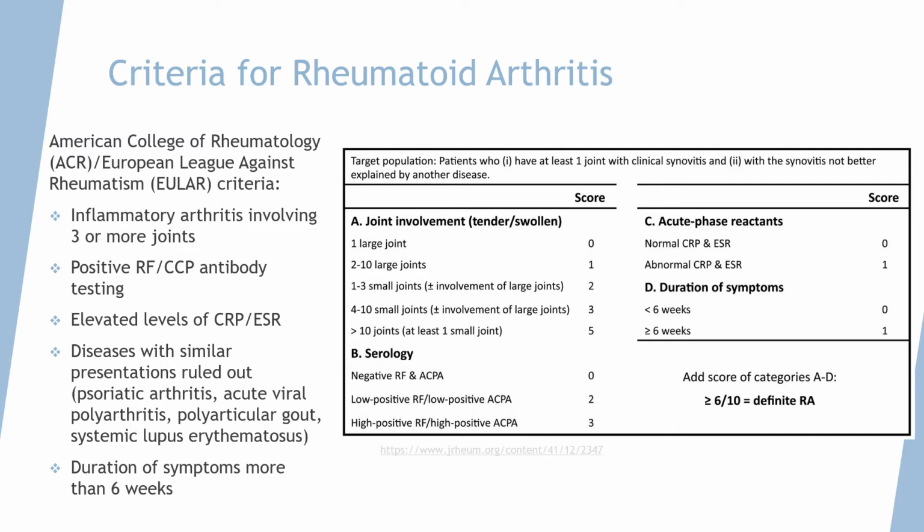If you take a look at this table here, you count how many joints there are, as well as the serology, the rheumatoid factor and the anti-CCP antibodies, the acute phase reactants, and the duration of symptoms. You can assign a score to each of the criteria and add them up. If it's 6 or above out of 10, this is called definite rheumatoid arthritis.